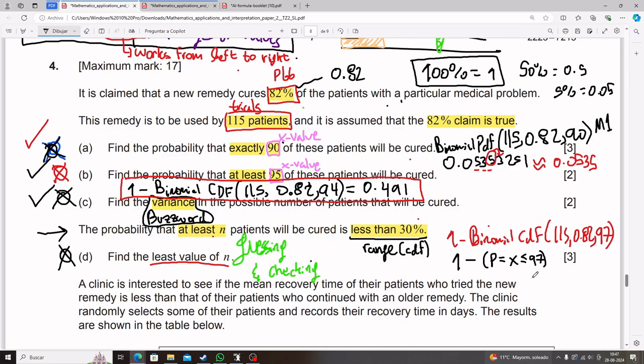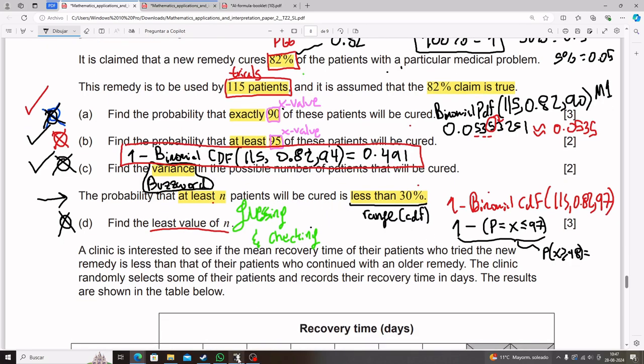So that is actually going to end up as the probability of x being greater than or equal to 98. And the probability of that, from what you just plugged in, was 0.2217. So 0.22, clearly less than 30.